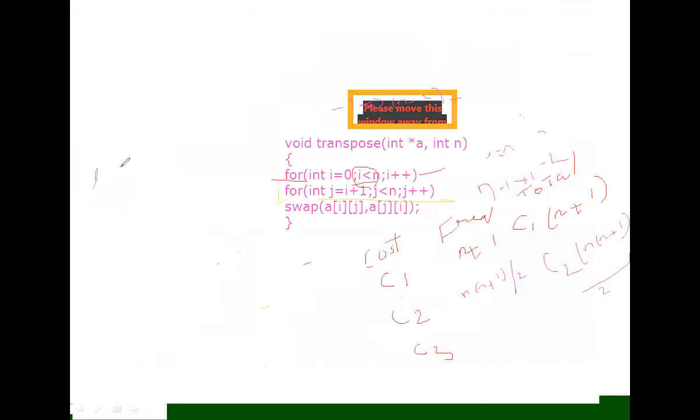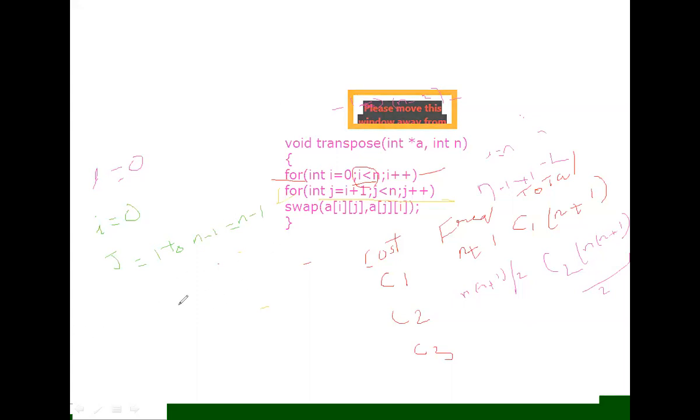For transpose of the matrix, we are considering here i equal to 0, then j equal to 1 to n minus 1. That is, n minus 1 times we repeat.